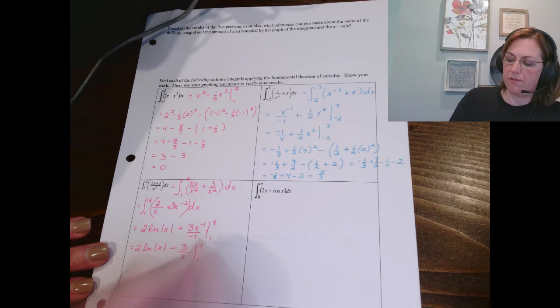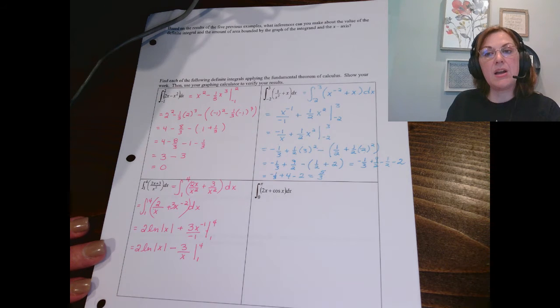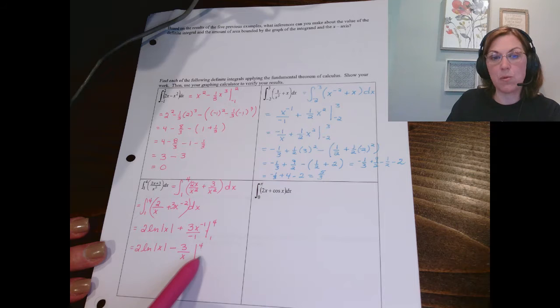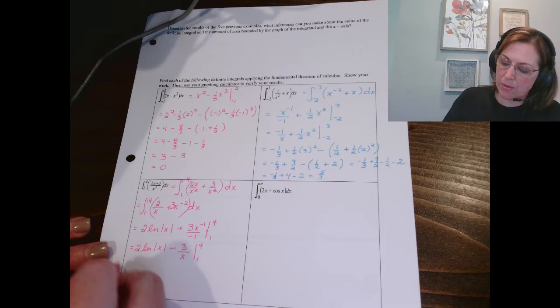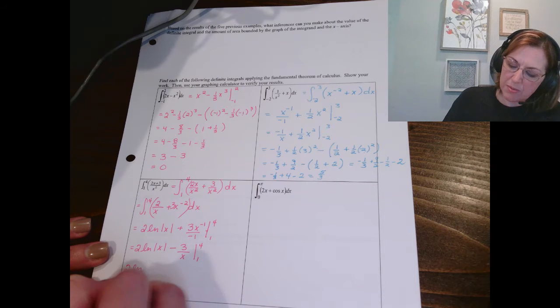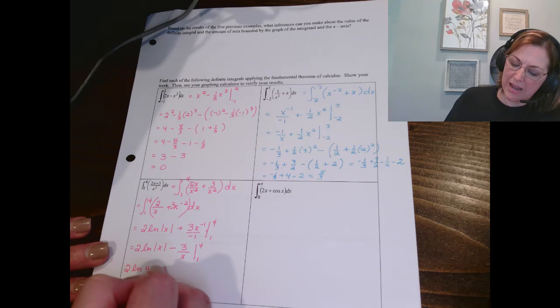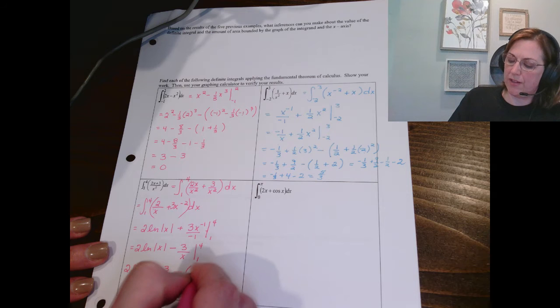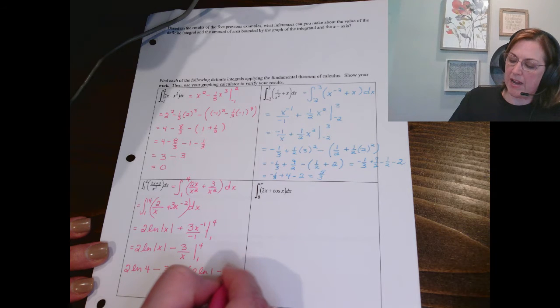Now I'm putting in 1 and 4. Now I have to put the absolute value on the ln of x because the ln can't handle a negative, but we do see in our area here that we're not going to be dealing with any negatives, so I'm going to drop that. So I'm going to put 2 ln of 4 minus 3/4, then minus parentheses 2 ln of 1 minus 3.